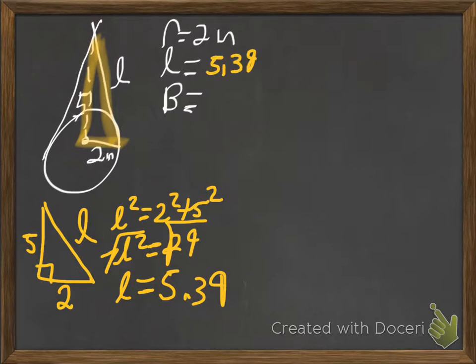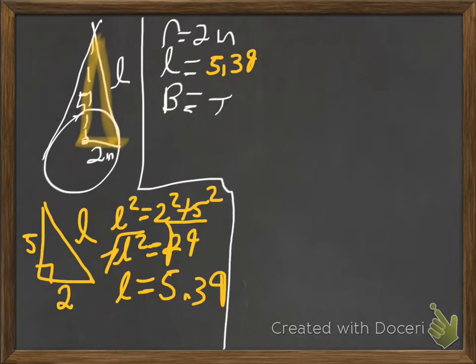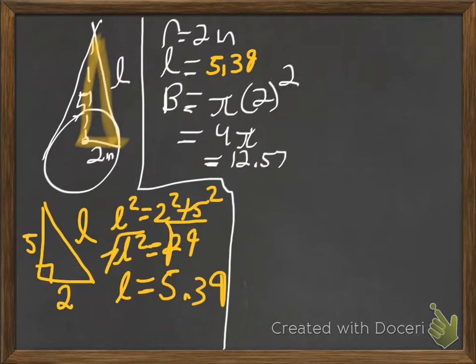And then our base area, we know that we are looking at a circle here, so it's pi r squared, which is 2 squared. 4 pi would be the exact area, 2 squared being 4, of course. And 4 pi comes out to 12.566, so 12.57 for capital B, our base area. And then we know lateral area, I'm going to do this separately.